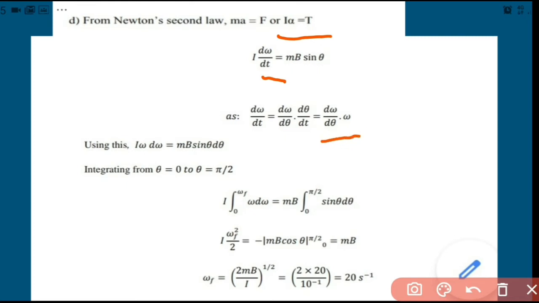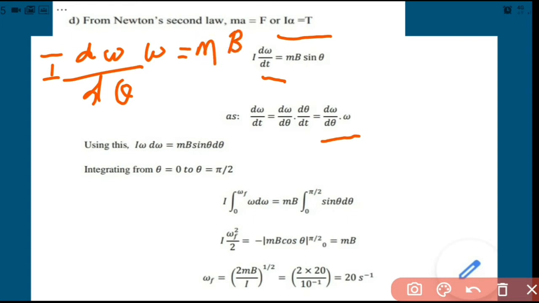Substituting in that equation, we have I into d omega by d theta into omega equal to mB sin theta. We can take this d theta to the right hand side. So our expression becomes I omega d omega equal to mB sin theta d theta.